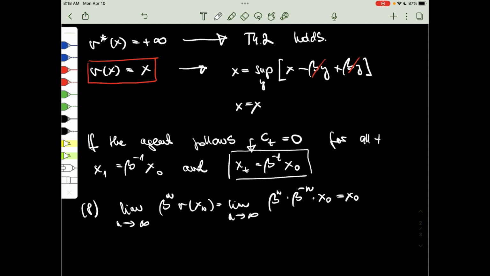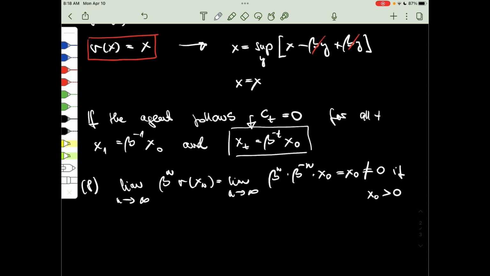Which is not zero if the initial wealth was positive. So Theorem 4.3 doesn't apply.